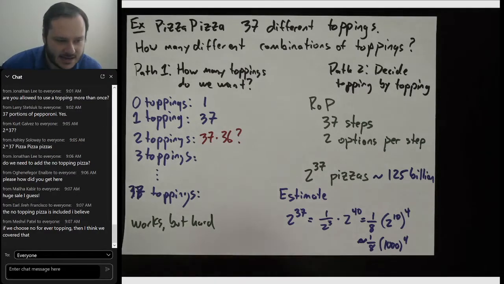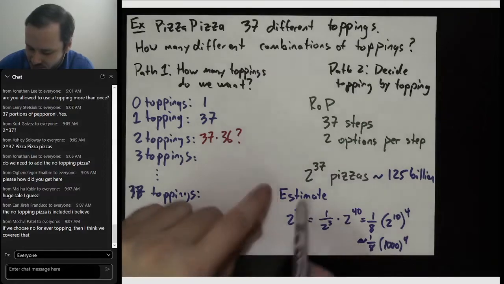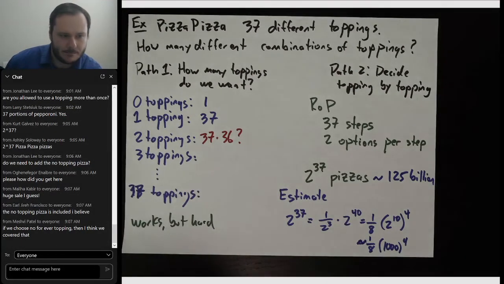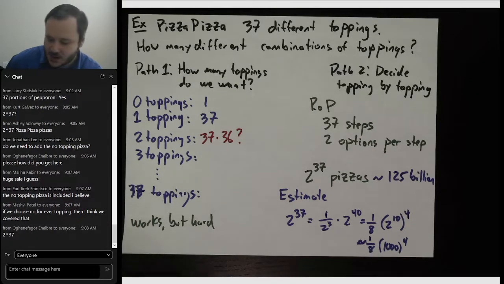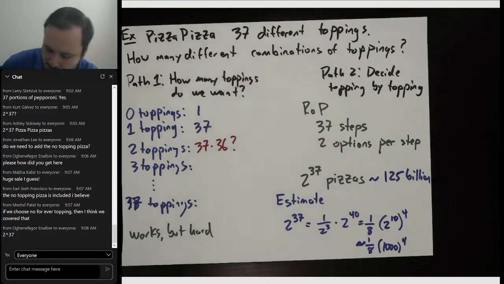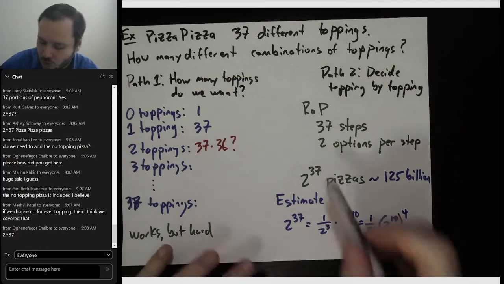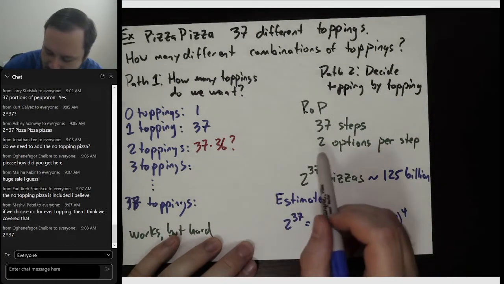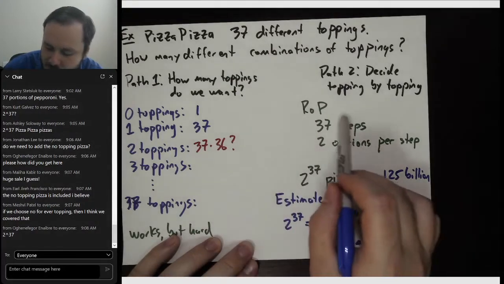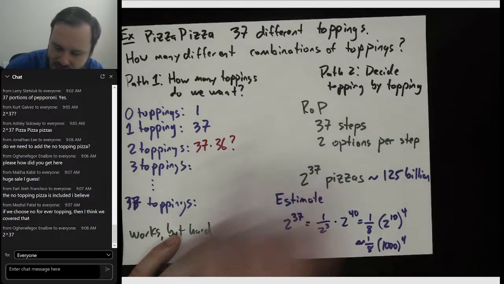How did we get here? So this estimate part, or the 2 to the 37? Not sure exactly where the here we got is. How do we get to the 2 to the 37? Okay, so we're doing our rule of product calculation. Rule of product calculation says break the thing you're counting down into steps. So I'm listing out a 37-step process.